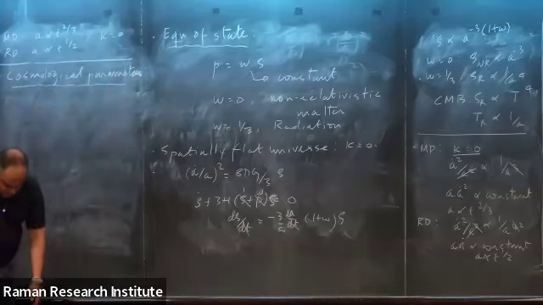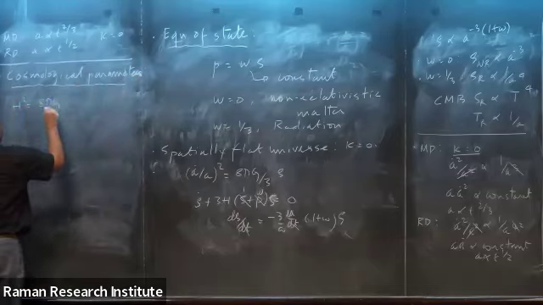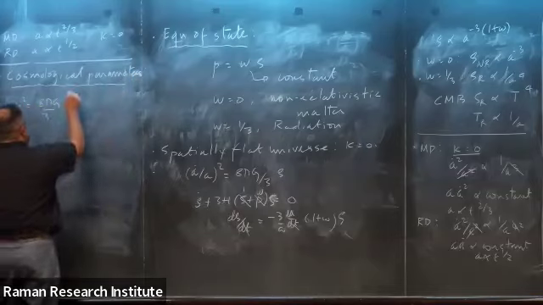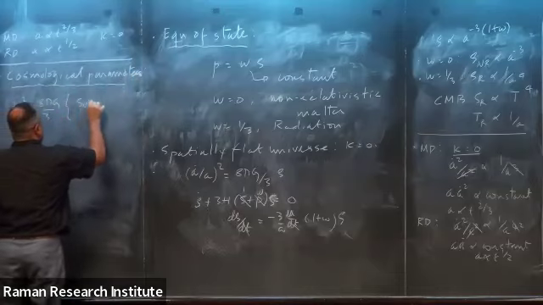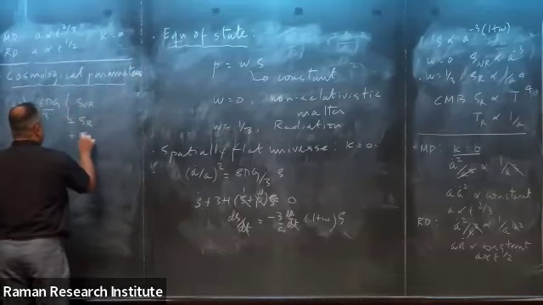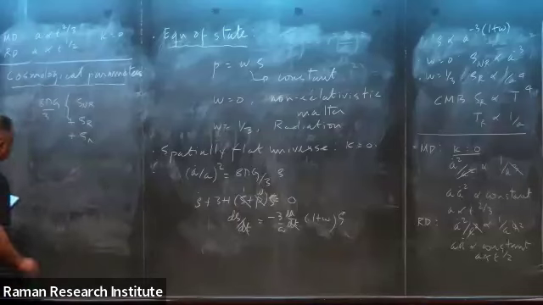So I'm going to go back to my equation, 8 pi G by 3, and rho. I'm going to include everything possible. I have rho nr, rho r, rho lambda, and I'm going to include even kappa, equal to this.